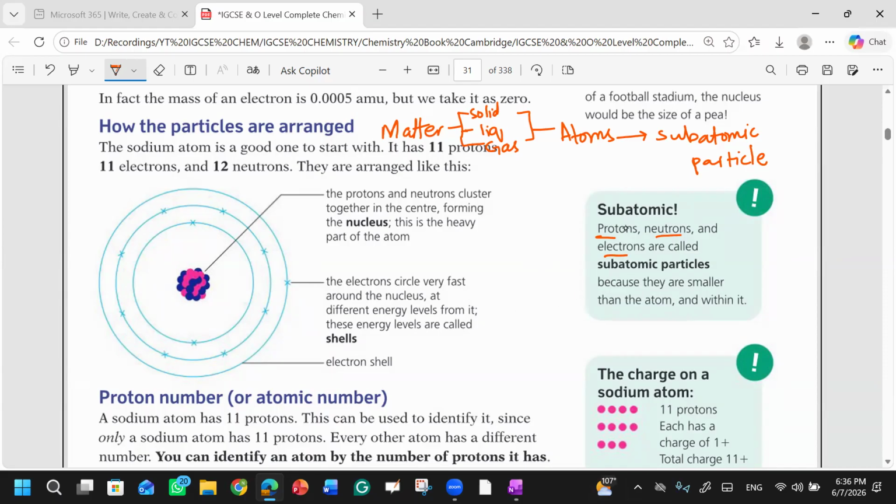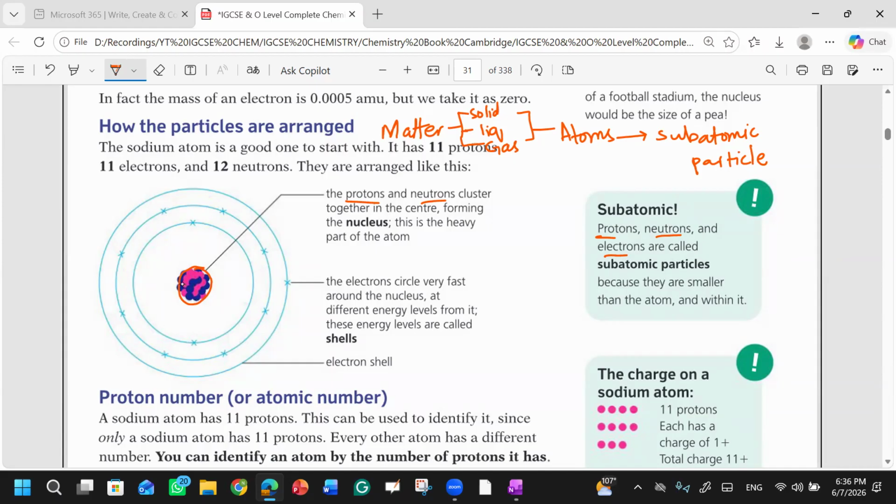So how are these 3 subatomic particles arranged in an atom? In the nucleus, you see this nucleus, we have protons as well as neutrons in the nucleus. They will be clustered together, and this is a very heavy part of the atom.